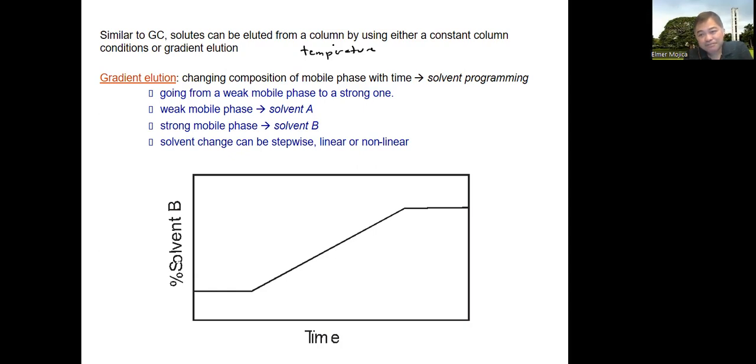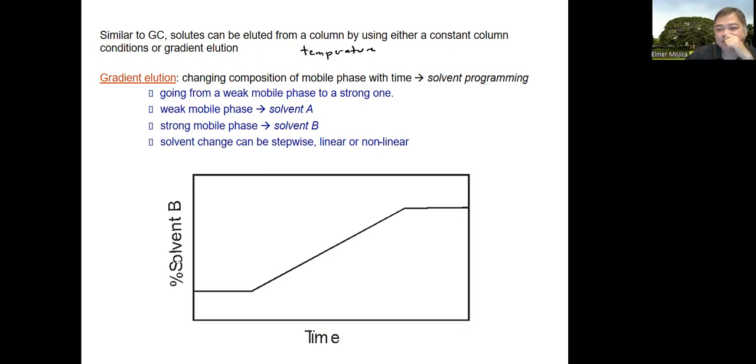Why? What's the basis of the separation in GC? Volatility. Some compounds have different volatility based on the temperature. Some will volatilize at higher temperature compared to the others. So by changing the temperature, you're separating them, compared to just maintaining the same temperature.